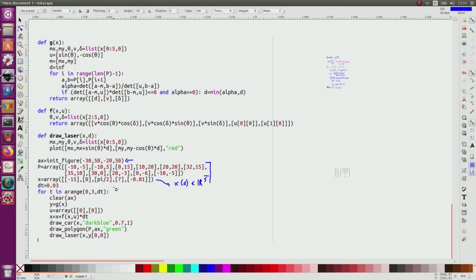The sampling time, I have my loop of simulation. At each step I clear the figure, I generate the data, I take a control equal to 0, 0, I integrate by an Euler formula, and I draw the car and I draw the polygon.